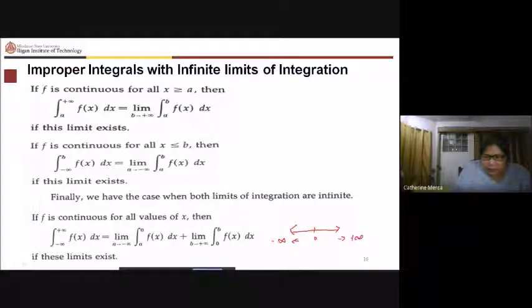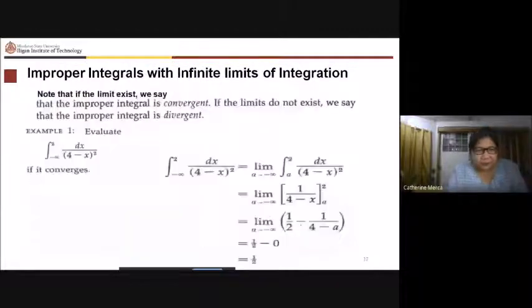So you consider, as earlier, from a approaching negative infinity, so you have a to 0, and then from 0 to b, where b approaches positive infinity. Okay, as long as those limits exist. Note that if the limit exists, we say that the improper integral is convergent. Otherwise, if the limit does not exist, then we say that the improper integral is divergent.